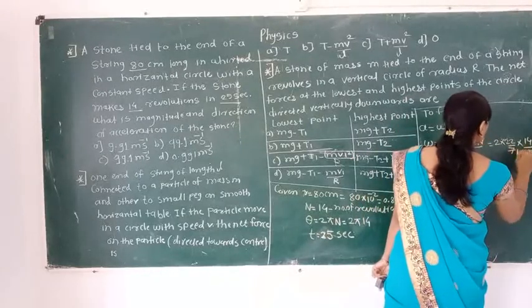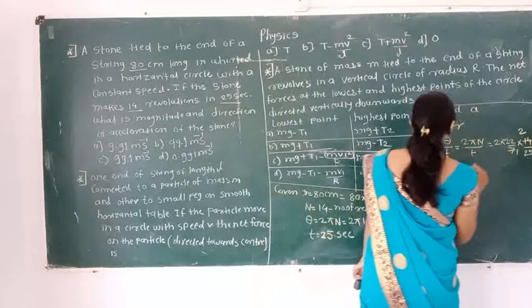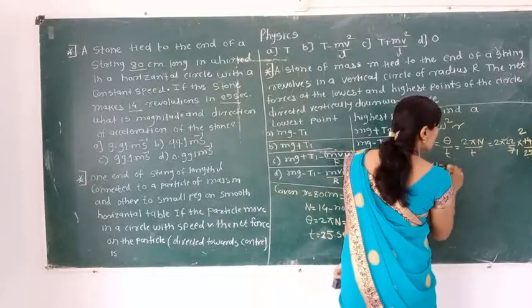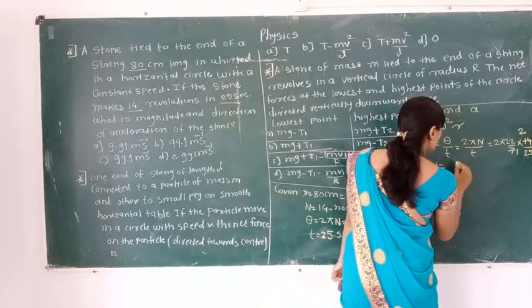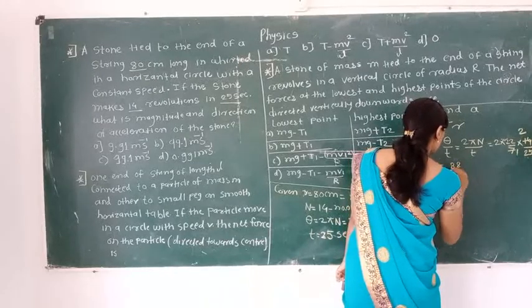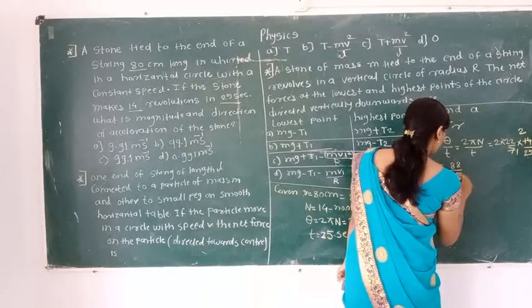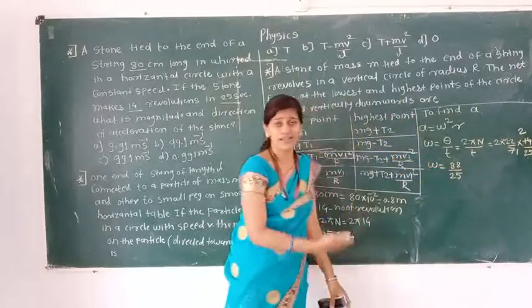By simple mathematical calculation, omega is equal to 2 into 22 into 40 divided by 7 into 25, which is 88 divided by 25. It will come in radian per second.